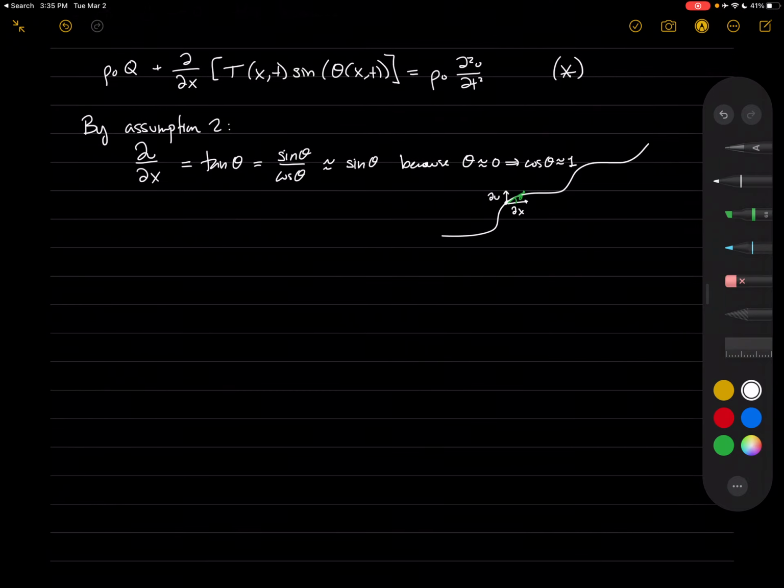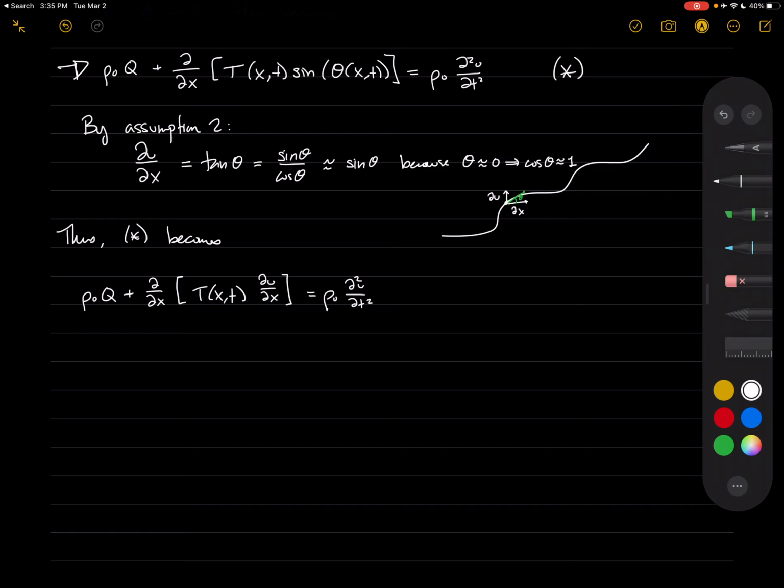Okay, so now we're going to plug this in to our almost there heat equation. So we see that our equation becomes rho naught q plus partial x of T(x,t) du dx, and still over here we have the same stuff.